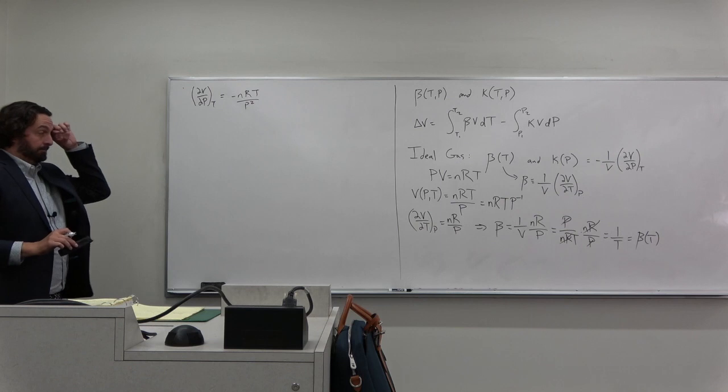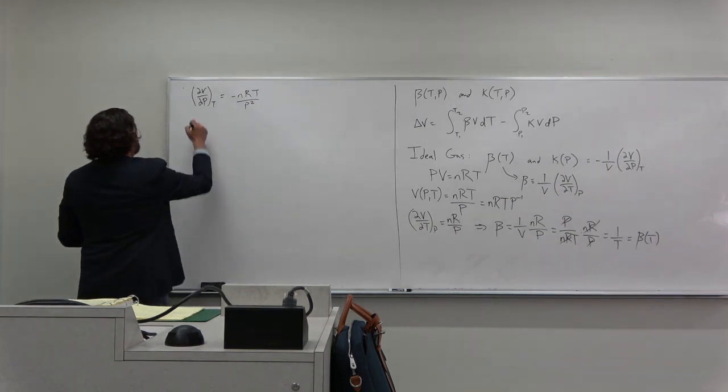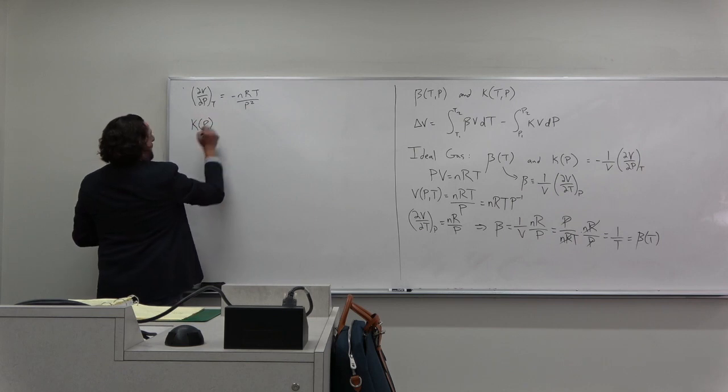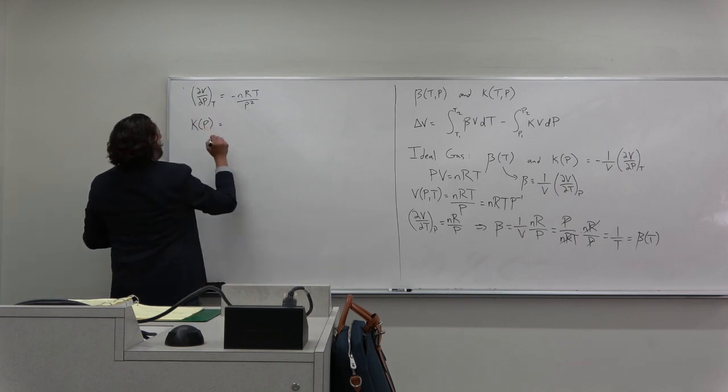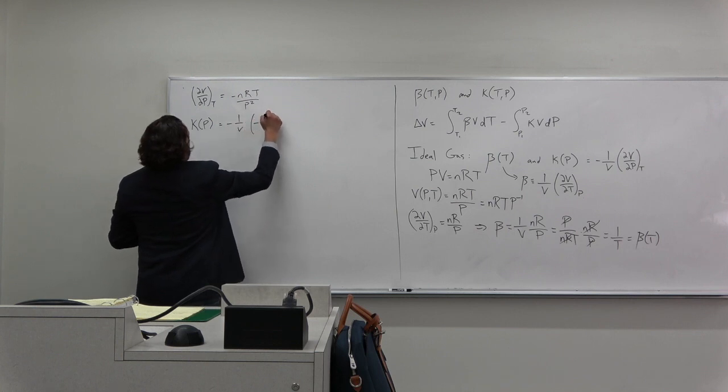So kappa as a function of P is minus 1 over V times minus nRT over P squared.